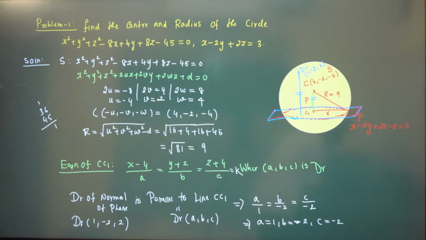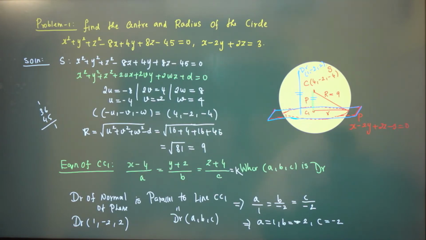See, you can equate to some k and take that k outside. One of the direction ratios is 1, minus 2, 2. Any number proportional to that is also a direction ratio. So to find the equation of CC1, A, B, C is the direction ratio of CC1. We don't know the direction ratio of CC1, but we know the direction ratio of the normal to the plane, and they are parallel.